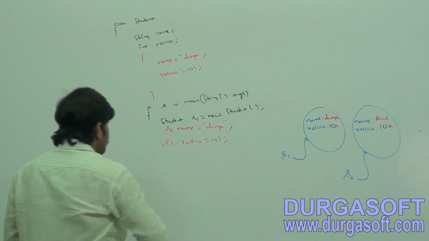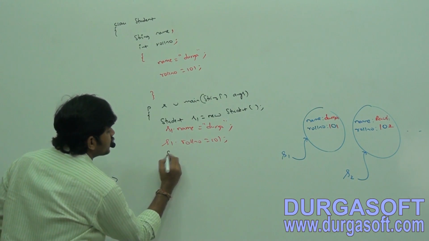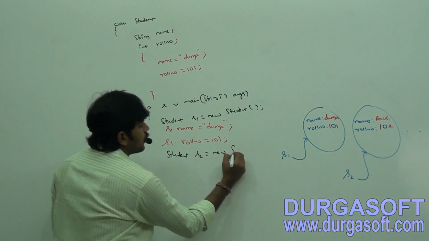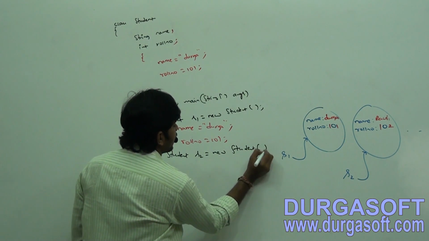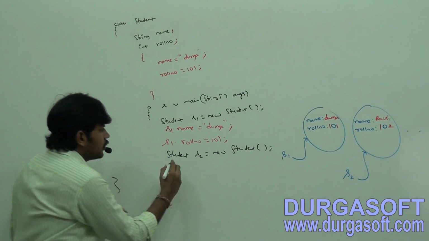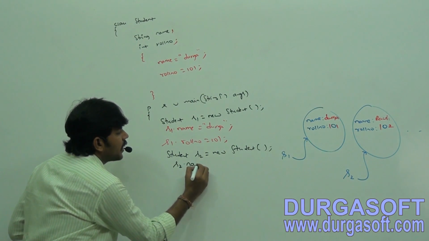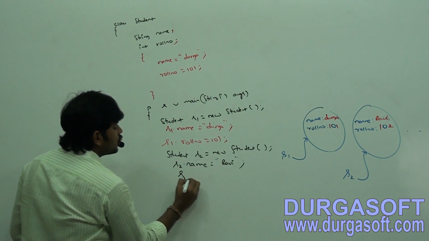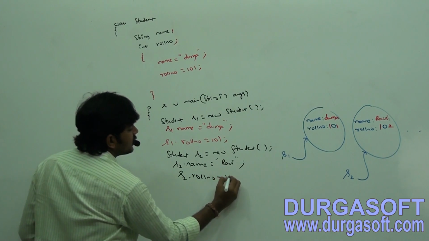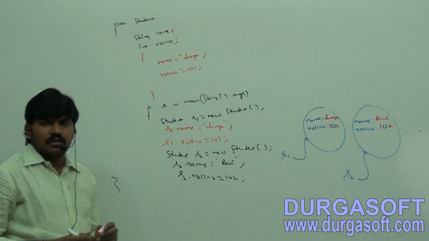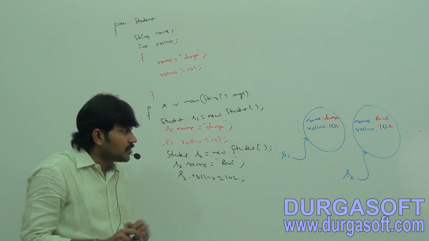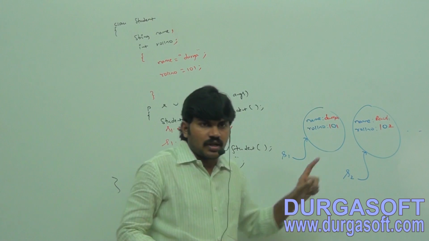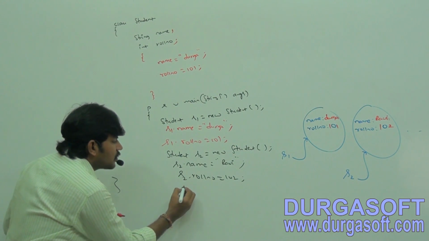Now I am taking Student s2 is equal to new Student. Sir, I created a second student object. s2.name is equal to Ravi, s2.rollNumber is equal to 102. Name Ravi, roll number 102.